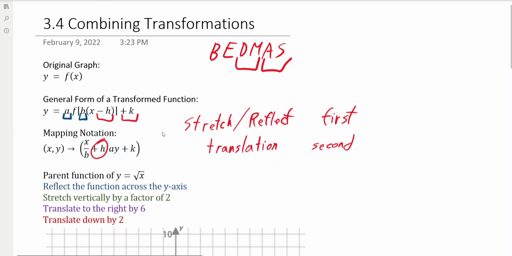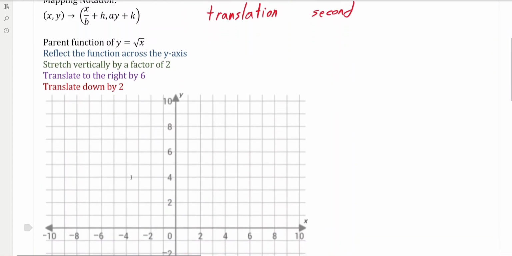The H and the K value happen second. Okay, so let's take a look at some different types of questions that you might see from this topic.